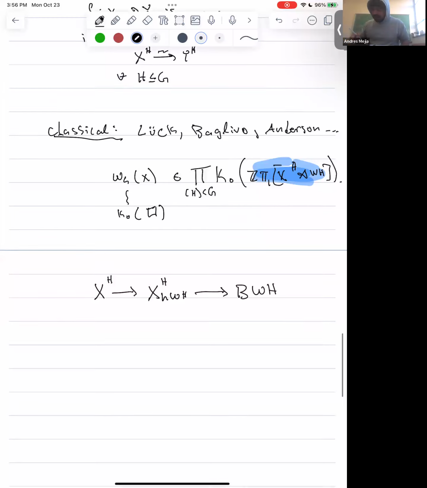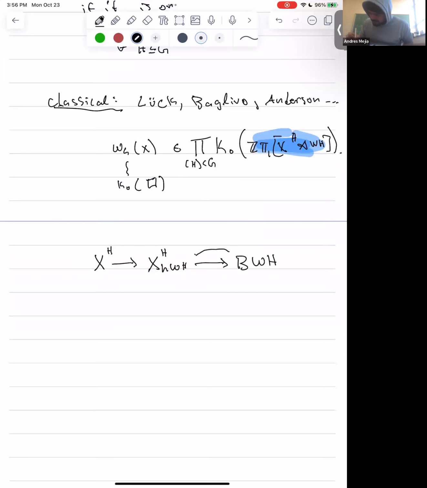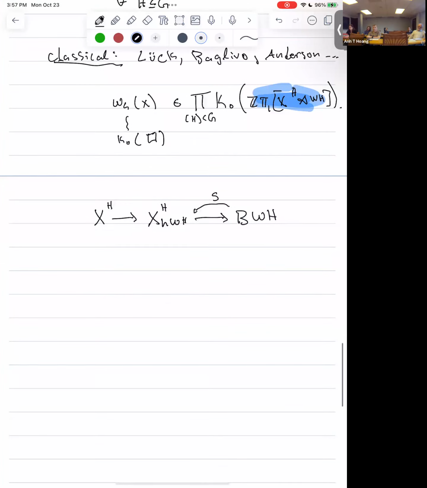Okay, and we have this fiber sequence, and if we assume that the action is pointed, that actually gives us a little section here. And if we just pass to pi 1, so we know that pi n for this guy is equal to 0 for all n greater than 1. And so we get a short exact sequence that looks like this.